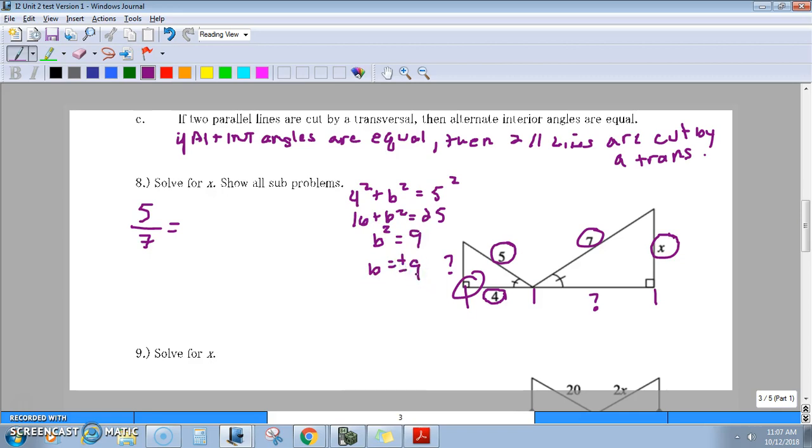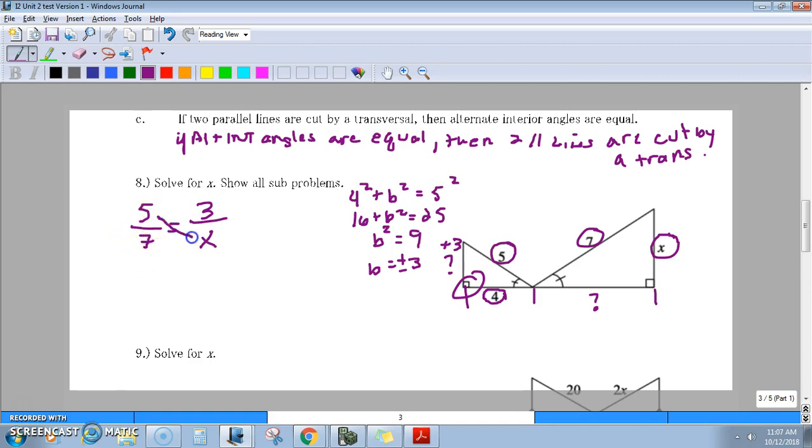But whenever we're talking about the length of a side, we only use the positive. I hope you guys caught my mistake. I said positive and negative 9. It's really positive and negative 3, which means this side is positive 3, which means the other part of our proportion is 3 over x.